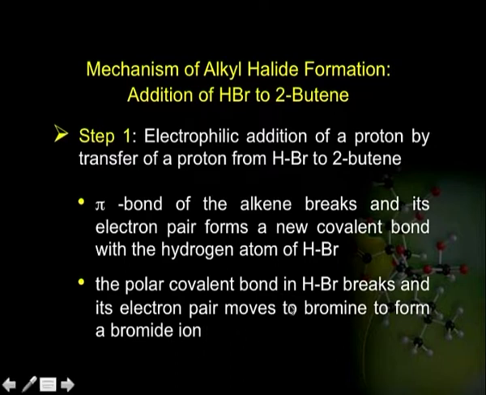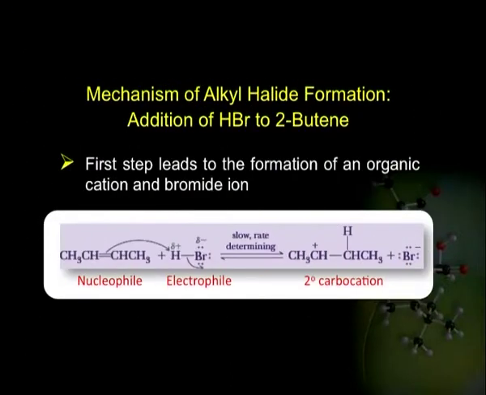The polar covalent bond in HBr breaks and its electron pair moves to bromine to form a bromide ion. Let us look into this. The first step leads to the formation of an organic cation and a bromide ion.